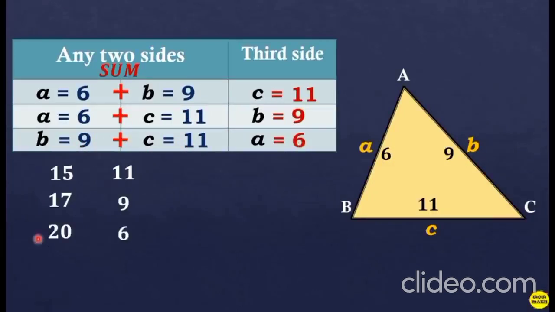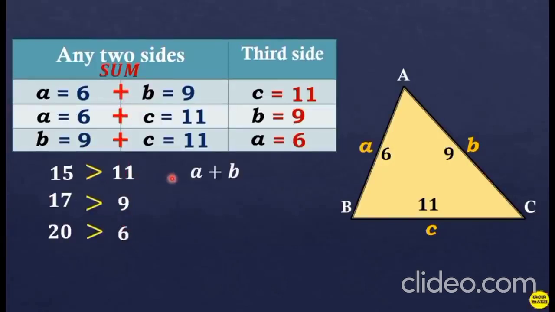Now, what have you noticed? All the given sum of any two sides of the triangle are always greater than the third side. Okay, so kung mapapansin ninyo, lahat ng sum ng ating two sides ng triangle ay palagi po, it's always greater than the measure of its third side.